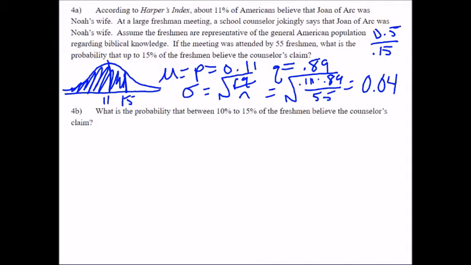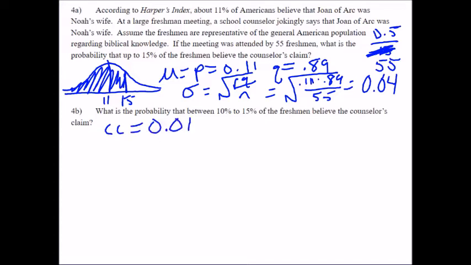Oh, I divided by the wrong thing. 0.5 divided by 55, sorry, not 0.15. We're supposed to divide by 55, that's the number of freshmen. So our continuity correction, which I'm going to call CC, is 0.01. I'm going to have to move 4b down and continue my work here.